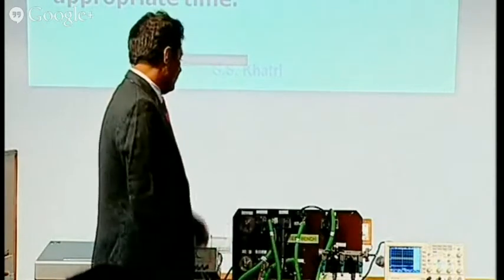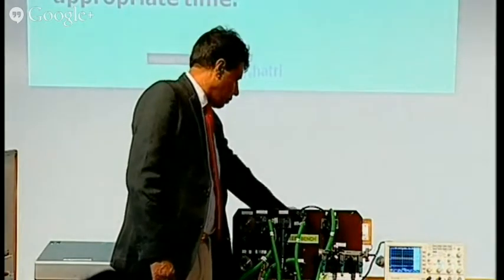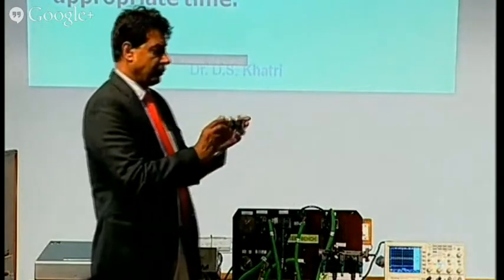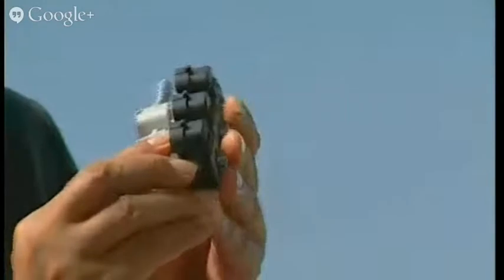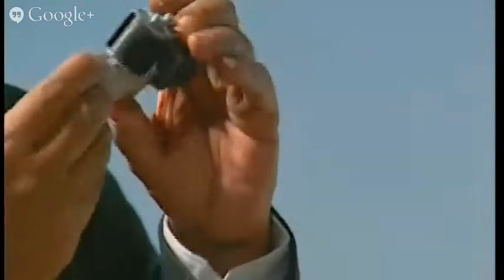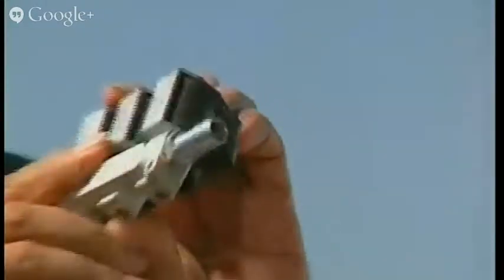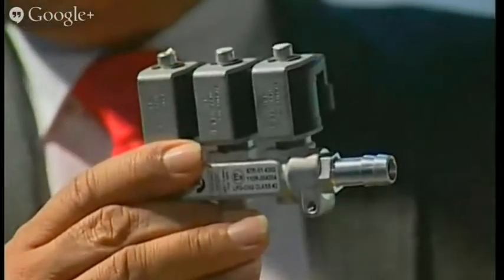For that, to show you, I have a gas injector. Now this is the gas injector and this is the gas rail. CNG will enter from here, and the pressure regulator is before the gas rail, and there are 3 injectors.